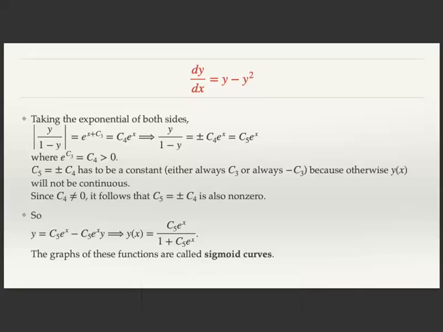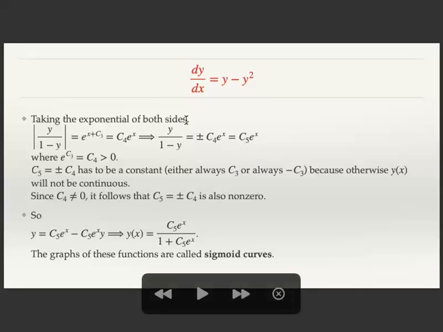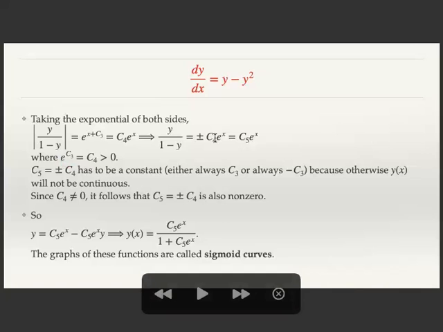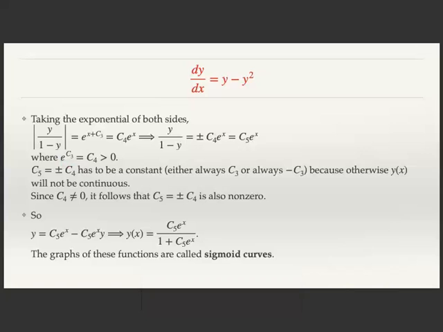The reason for that is that this constant is a non-zero number. So e to the C3 is equal to C4, which is a strictly positive number, so it's a non-zero number. And therefore, it cannot jump from a strictly positive number to a strictly negative number without going through zero.